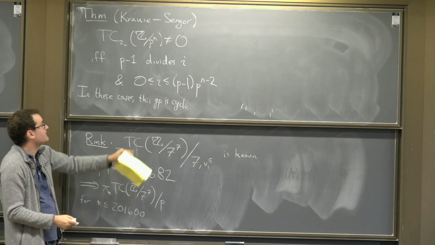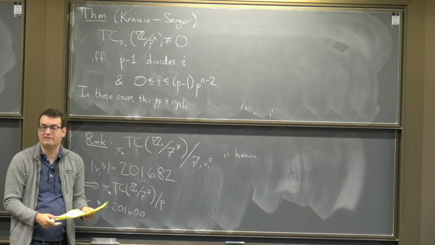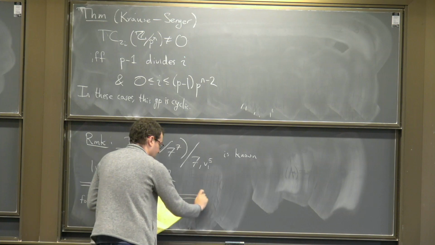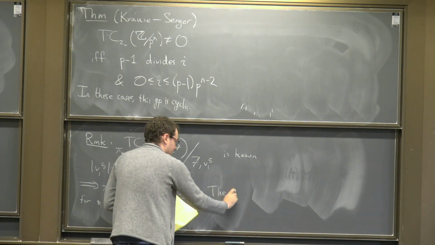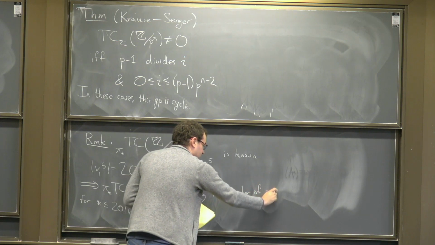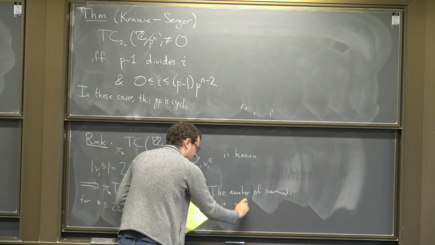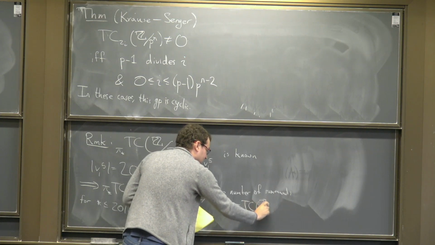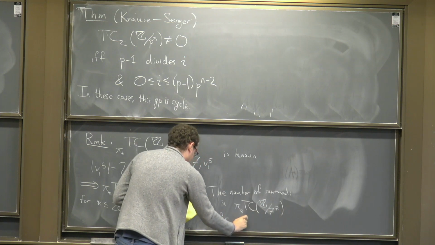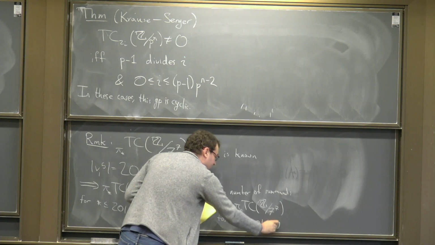And then because of this complete understanding of the even homotopy groups, modulo their orders, that tells us the number of summands in pi star of TC of Z mod 7 to the 7th for star less than or equal to this 201,600-ish number.